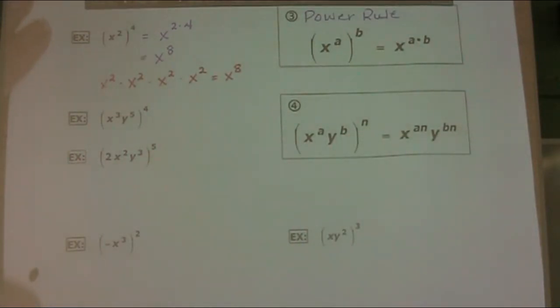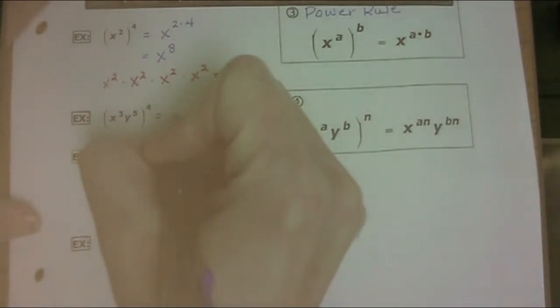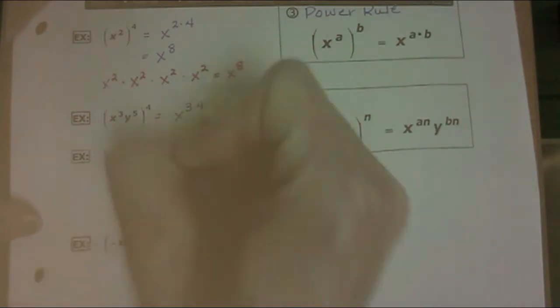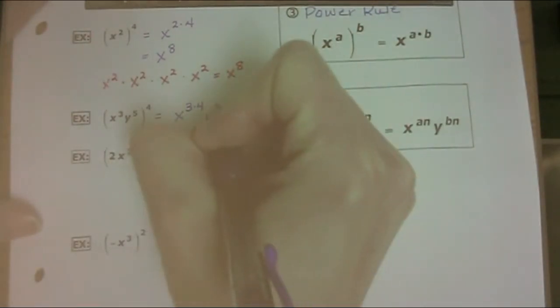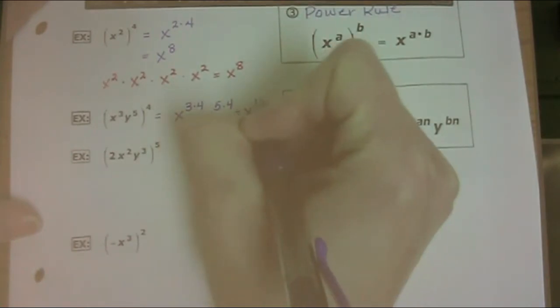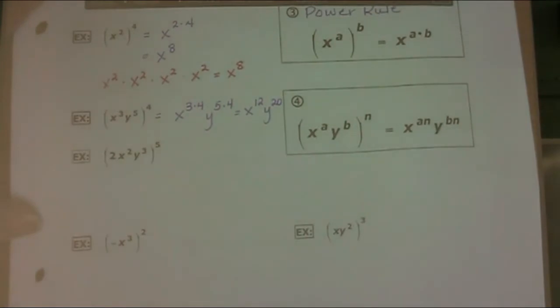And what that's going to allow us to do is essentially use multiple rules at the same time. So in this example we have x to the 3 times 4 power, y to the 5 times 4 power, which gives us x to the 12th, y to the 20th power.